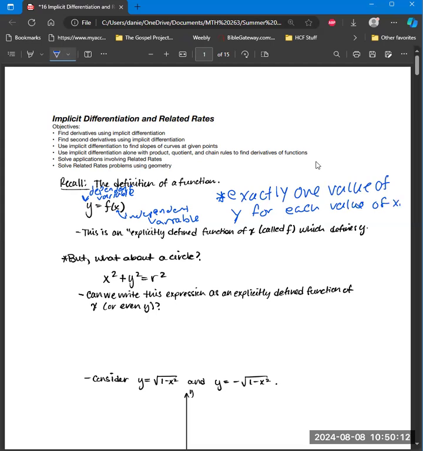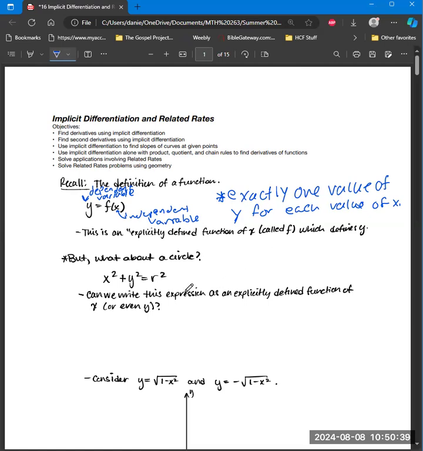Now we're going to have some other relations that are not that way. We're going to have other functions that aren't going to be able to be defined explicitly. But this is an explicitly defined function of x called f, which defines y. You can think about a circle though, right?